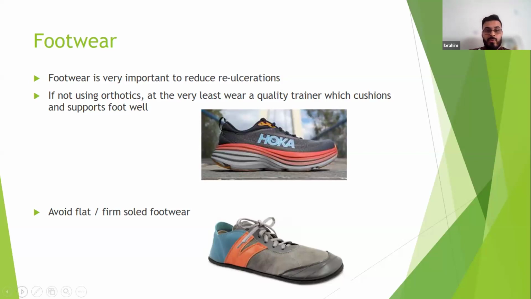They really need to stop wearing, or we should try to encourage them from wearing, these type of shoes that are very flat. Because if you imagine their shoe is very, very flat and they've got a prominent metatarsal head, then there's going to be an increased pressure just under that joint, and the skin's going to break down, causing an ulcer. So it's important to address all of that.